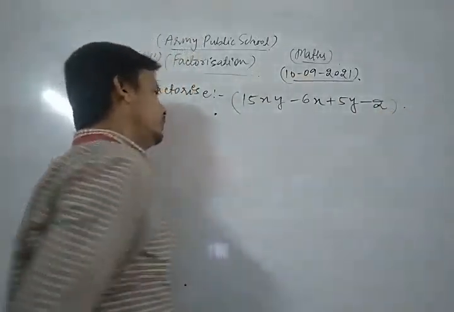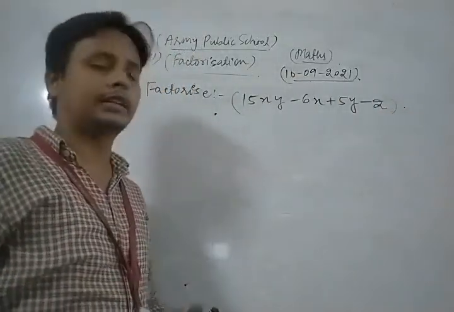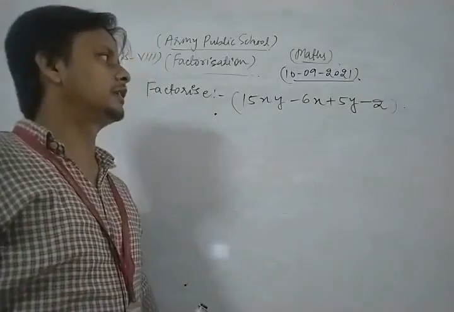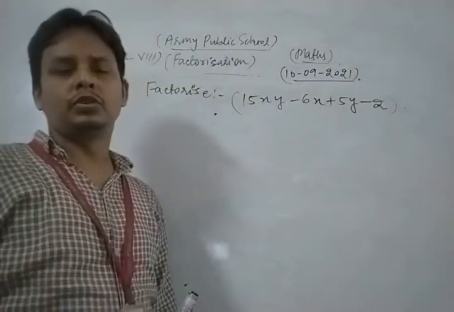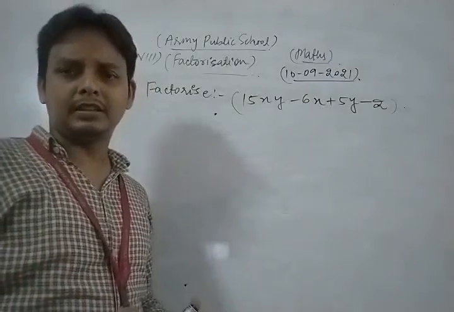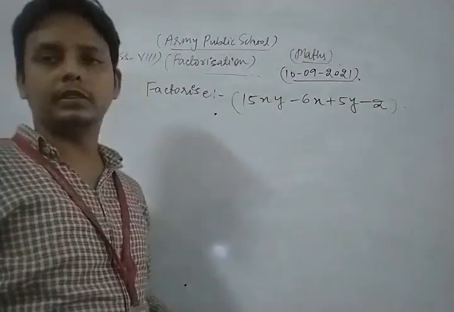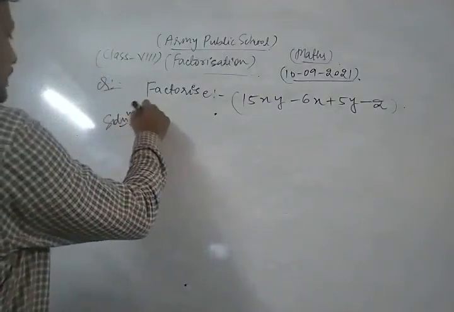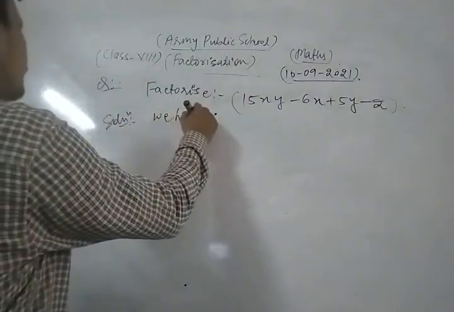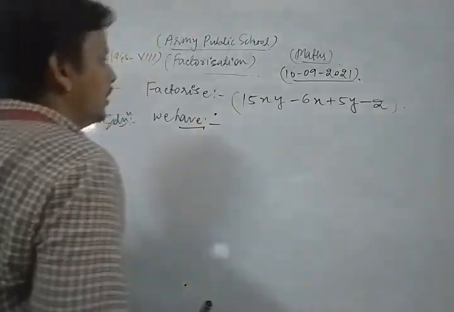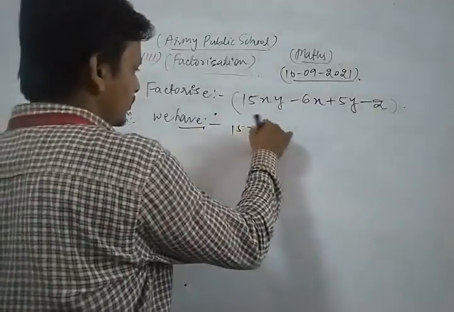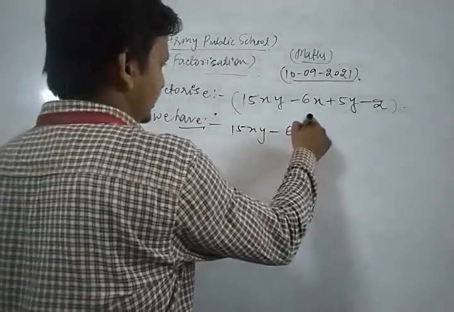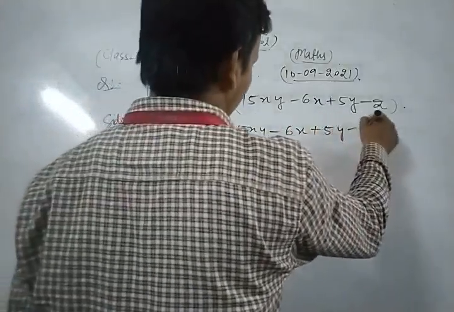We apply the same method and form a grouping. First of all we write 15xy minus 6x plus 5y minus 2.